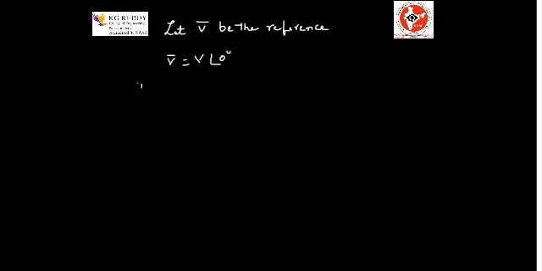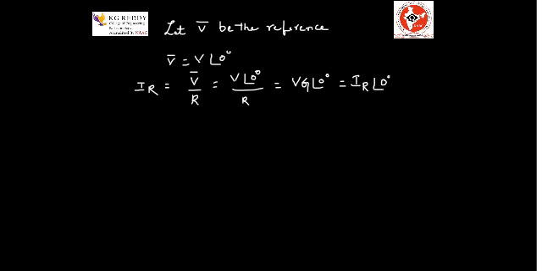Now IR is the current through the resistor. I can write it as V by R, so V at an angle 0 degrees by resistance R. So this is VG at an angle 0 degrees, which equals my IR, making an angle 0 degrees.